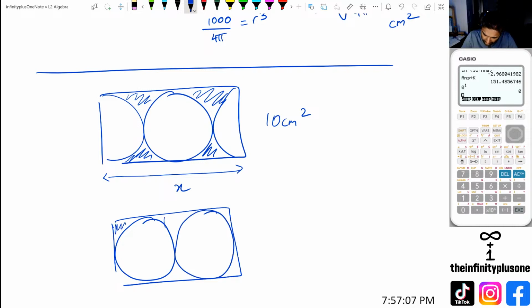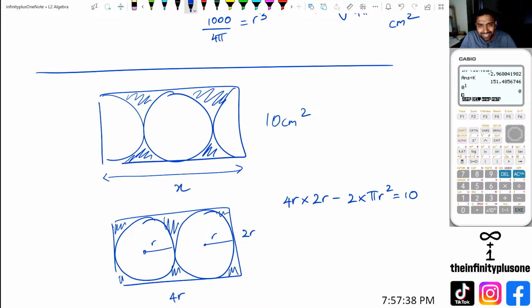So it's basically 2 circles and this area here is equal to 10. If this is R, then the base of the rectangle is going to be 4R, 2R. So we've got 4R times 2R minus 2 times pi r squared equals 10.